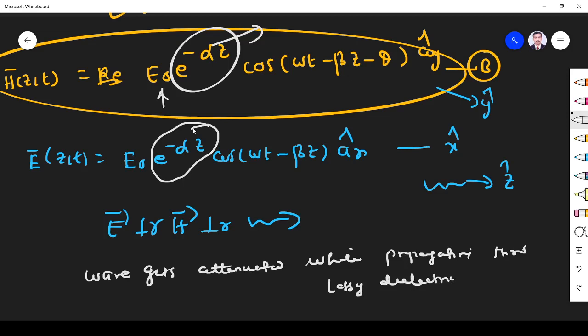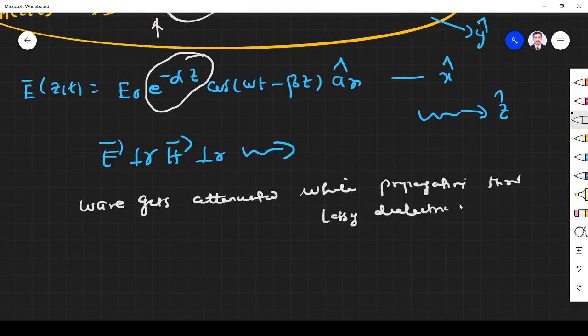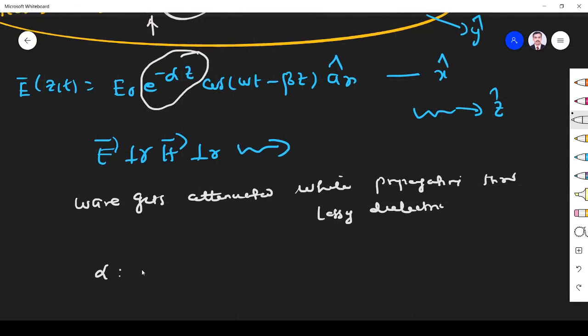That is what we call the attenuation constant. Alpha is the attenuation constant, an important parameter. Amplitude is reduced by the factor of e power minus alpha z.